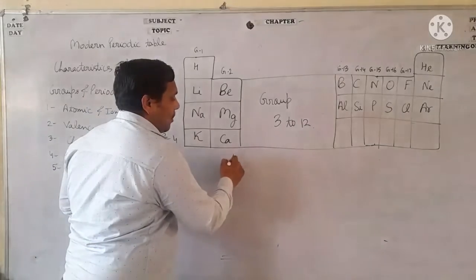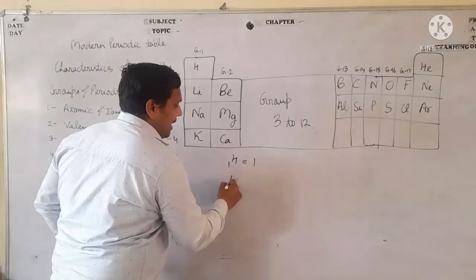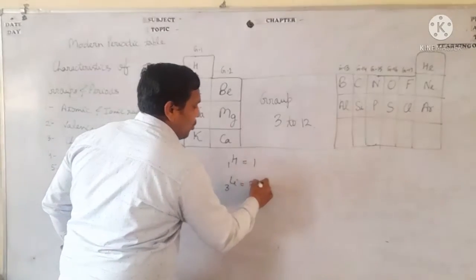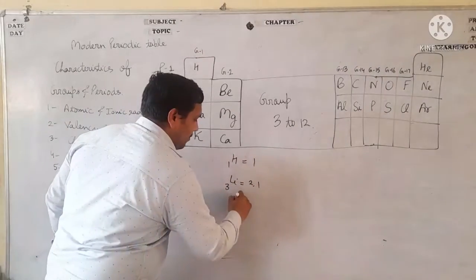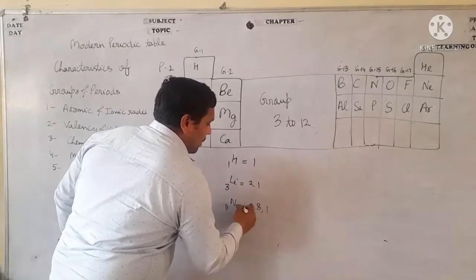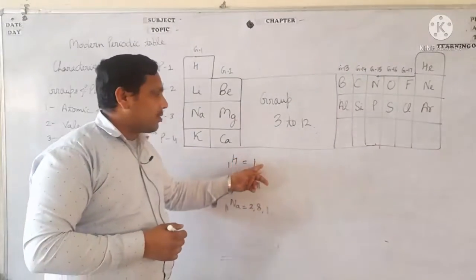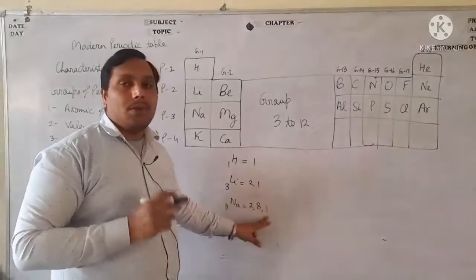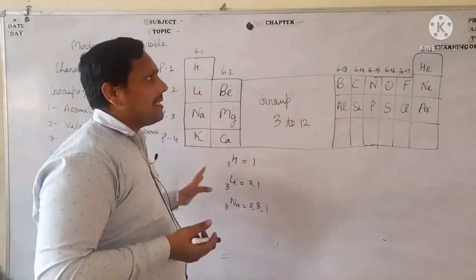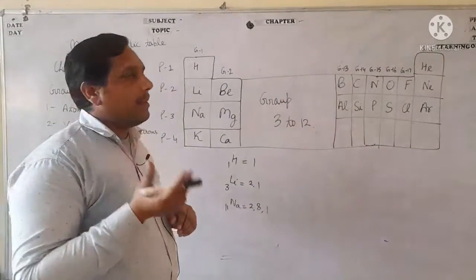Hydrogen is atomic number 1, so electron 1. Lithium is atomic number 3, so 2, 1. Sodium 11, so 2, 8, 1. By these examples we can understand that the number of electrons present in the outermost shell will be the same. That's why valency and valence electron in a group from top to bottom remain the same.